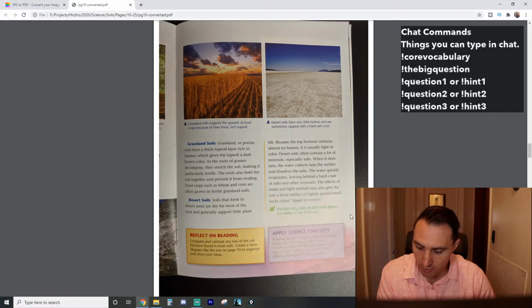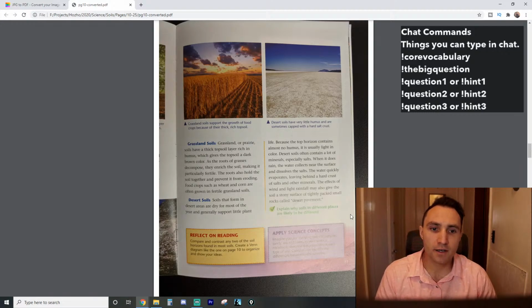So let's answer question 5. Why do you think desert soils are not fertile the way forest and grassland soils are? What are some differences between those? Contrast, like we talked about at the beginning of this lesson, comparing and contrasting.